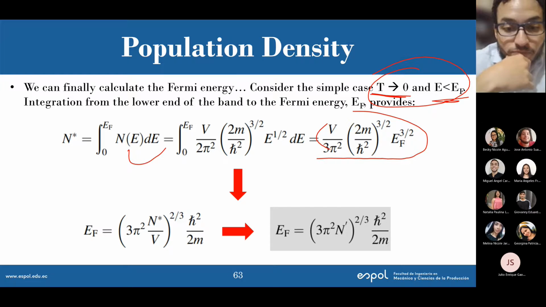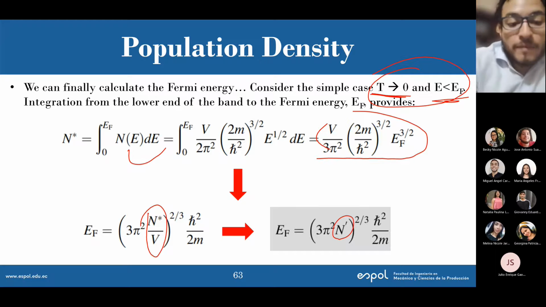And ta-da, you got it. And you've defined this term. That's just another constant, right? You call it N prime. N prime is just equal to the number of electrons divided by the volume of that unit cell, so it's basically the number of electrons per unit volume. That's just an easier concept, I guess.